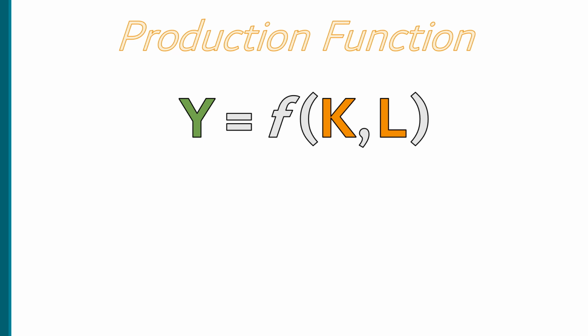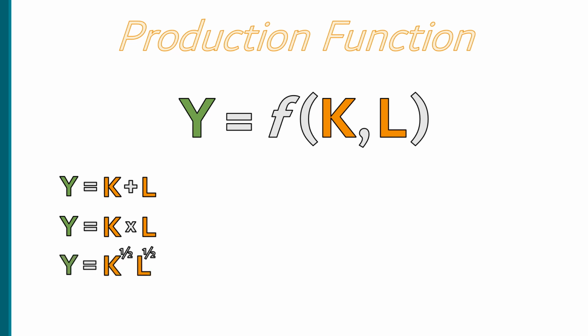It can be anything. Maybe it's Y equals K plus L, or Y equals K times L, or Y equals K raised to the 1/2 power times L raised to the 1/2 power.